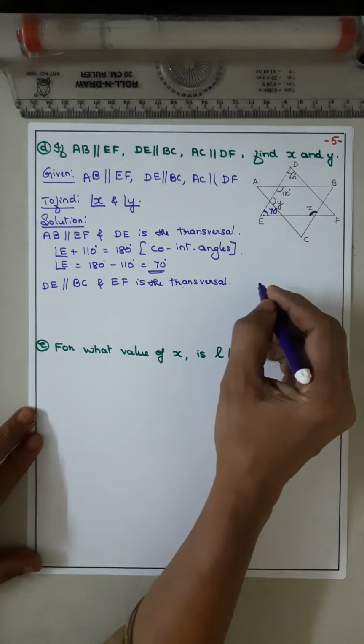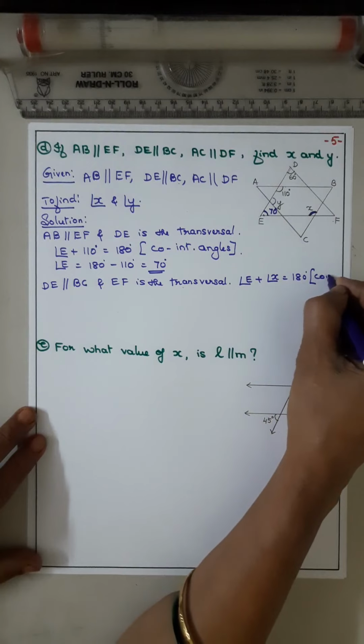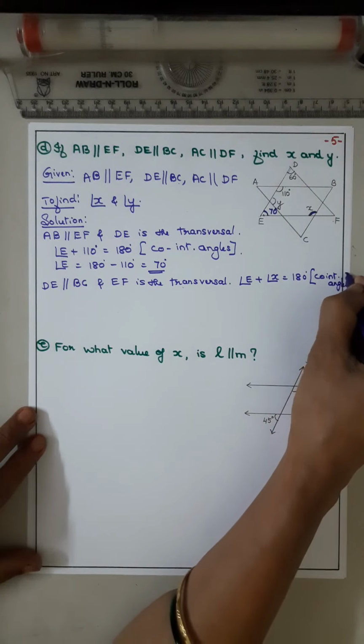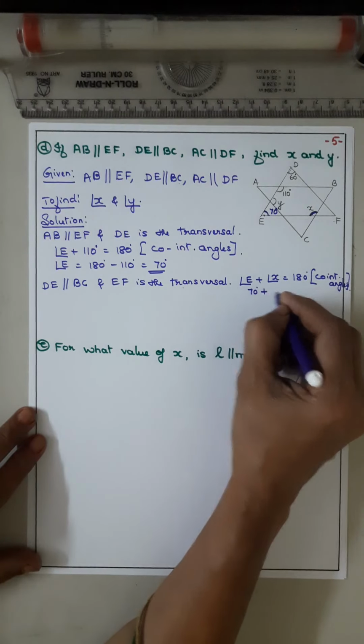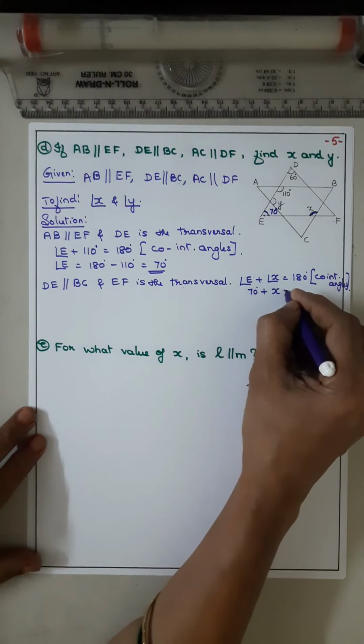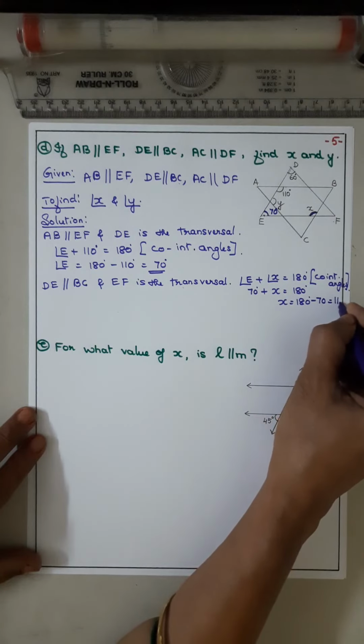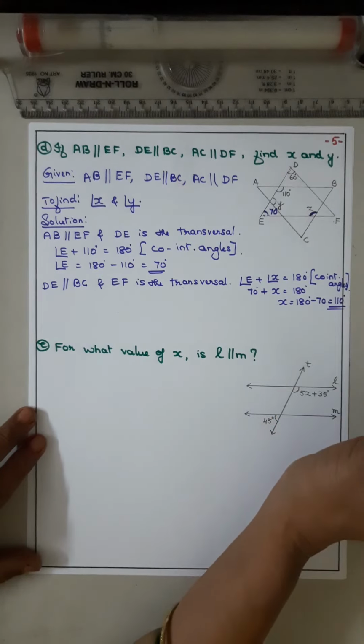Why? Co-interior angles. Angle E is already given as 70, so X is equal to 180 minus 70, which is 110. So you got X.